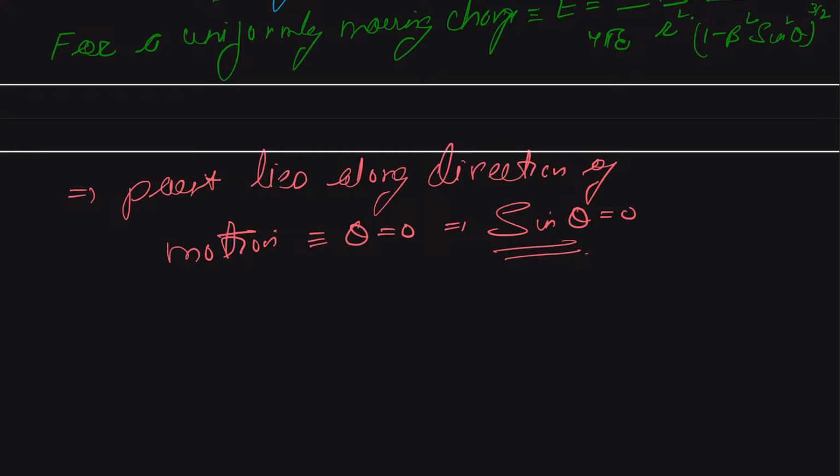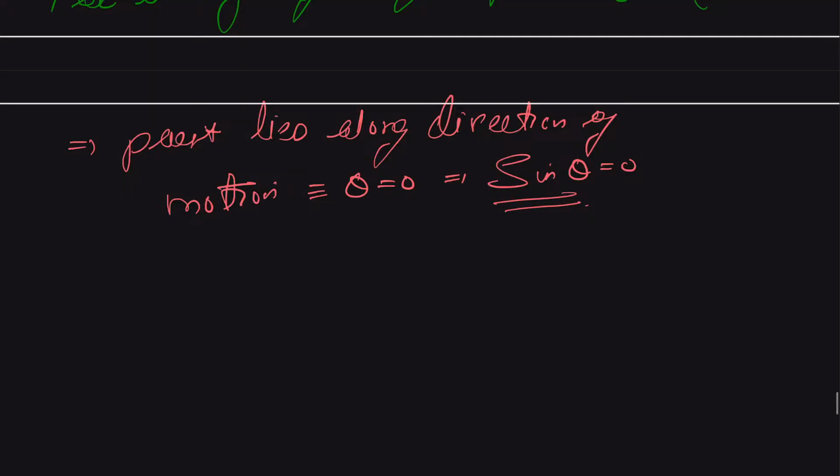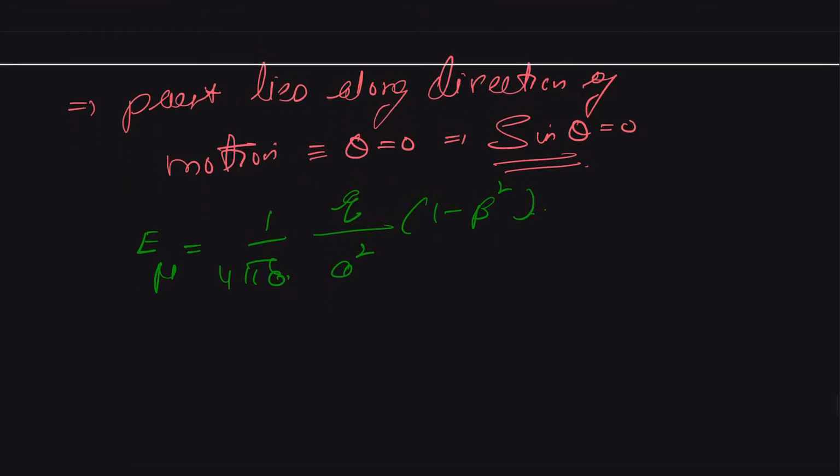Therefore, the electric field because of the muon, we can simplify as 1 upon 4 pi epsilon naught, q, and the distance is nothing but a, so this comes as a square, that value of r, and it is 1 minus beta square. Now we can easily substitute the values.